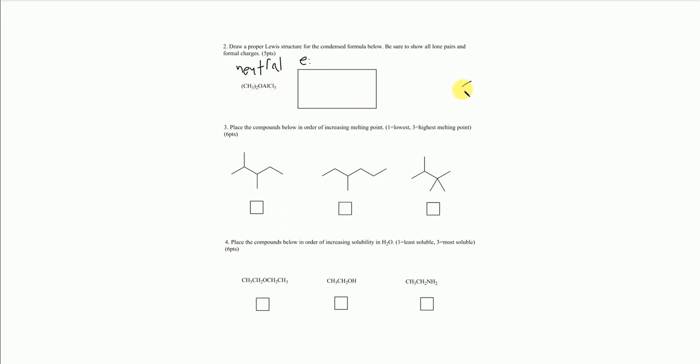So I'm going to put the O in the middle, and it says 2 CH3s coming off of it. All right, and this is connected to an aluminum, and this is connected to 3 chlorines.